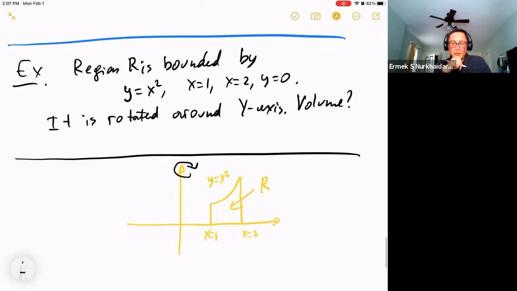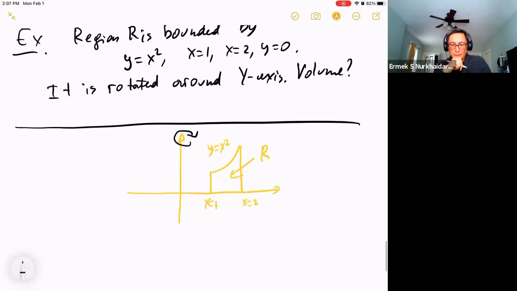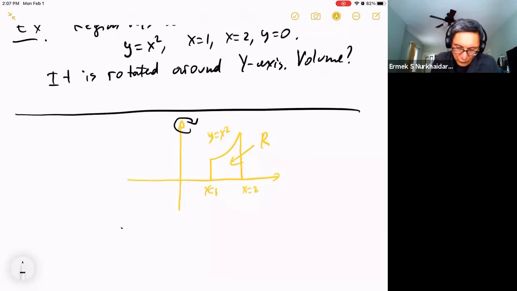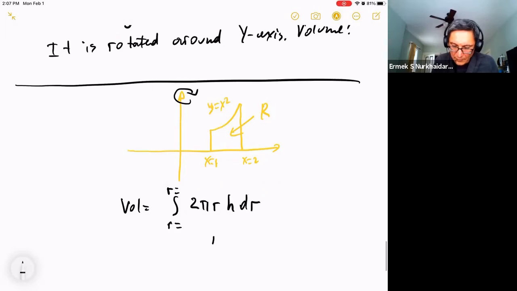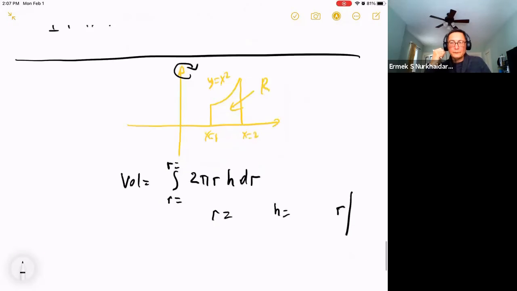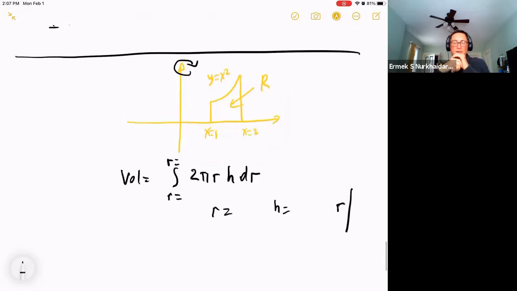So I'm going to give you a minute or two to work on it, because essentially we know what volume is. Volume is the integral of 2 pi r h dr, r from here to here. We need to figure out what r is, what h is, and what the limits of integration are. Then I'll try to catch up with you, and we'll see if you agree with my calculations.